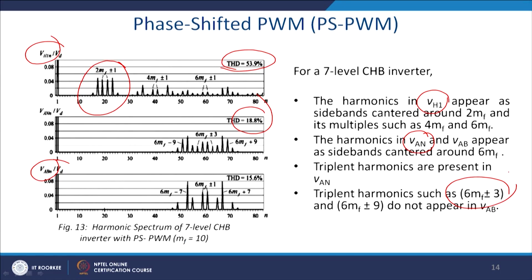This harmonic content will be at 6 mF plus minus 3. This is the beauty of the multi-level inverter compared to the normal 2 level inverter. In the unipolar inverter, you know that the line voltage harmonics are at 2 mF, whereas here it is 6 mF. So, it is 3 times higher, and a lower cutoff frequency is available.